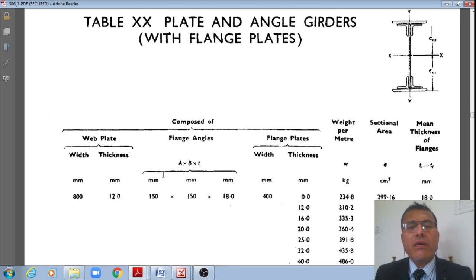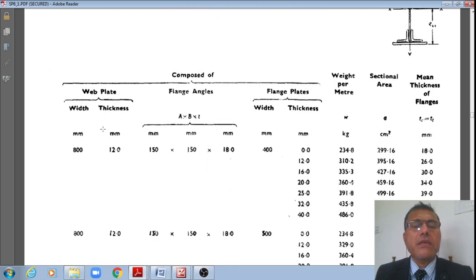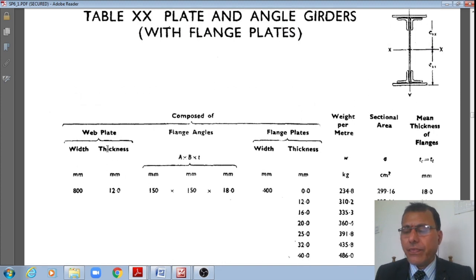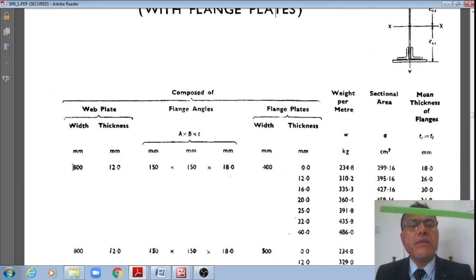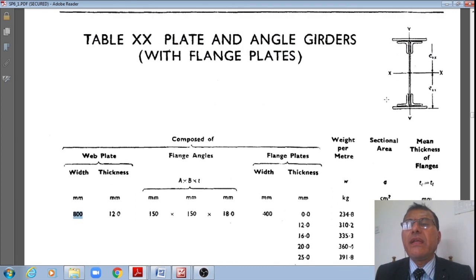Then what are the geometrical properties or structural steel section properties? Suppose the web plate width is equal to 800 mm with a thickness of 12, and I am having the flange angles ISA 150 by 150 by 18.